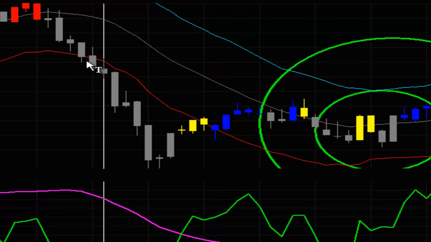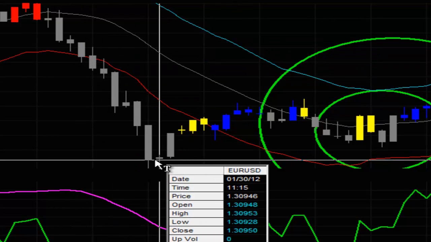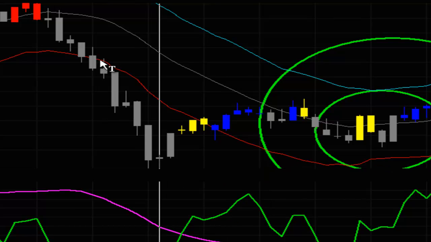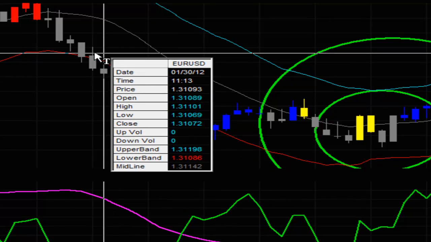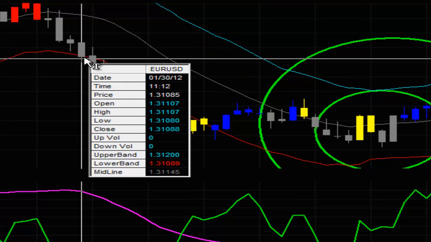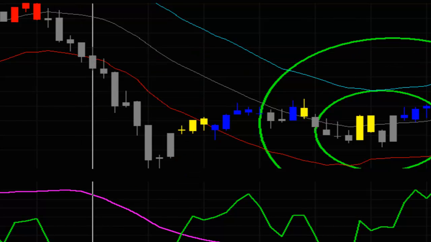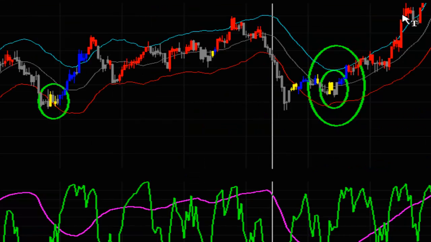So when you see these, you can assume that we're going to go back up into this area somewhere fairly quick. So again, I don't really like that kind of trade because it's floating in the middle of nowhere.